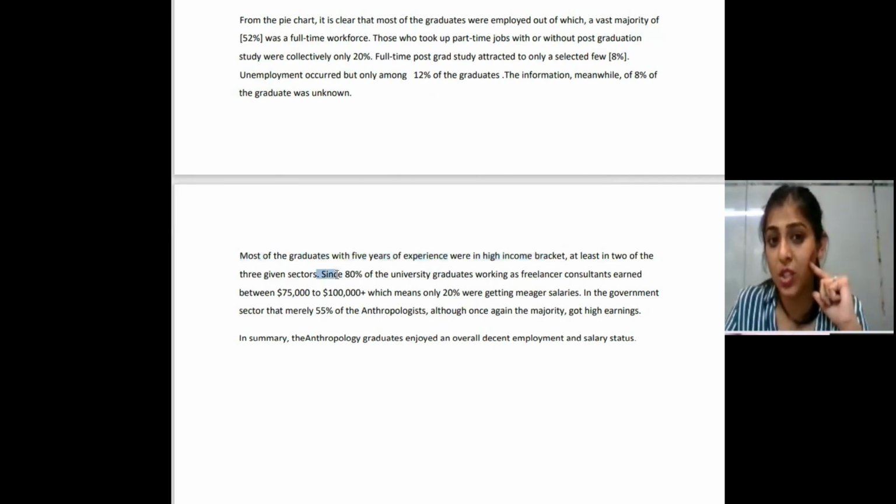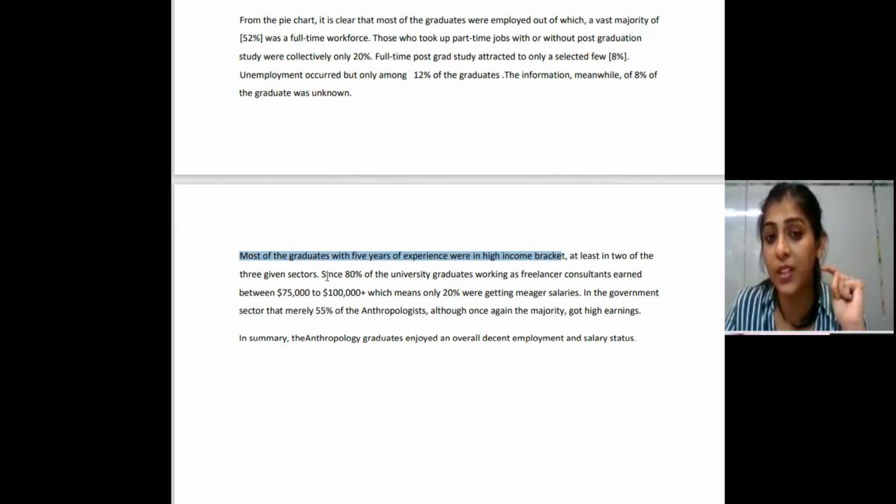Now I've used a conjunction here. Since 80% of the university graduates working as freelance consultants earned between... Now this is a proof. Proof for what? I told you that most of the graduates with 5 years of experience were in high income brackets.